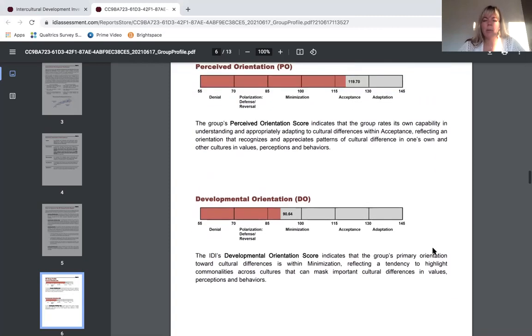And like I mentioned previously, this can be really common, sometimes when we go into a new environment. Say you're an international student: when you come into a new country or enter a new culture, there's more of an awareness of difference, and sort of, oh, I do it this way, they do it this way. You can have that immediate orientation when you go to work or live or perform in a new country.